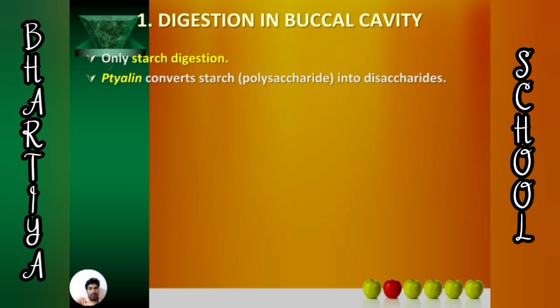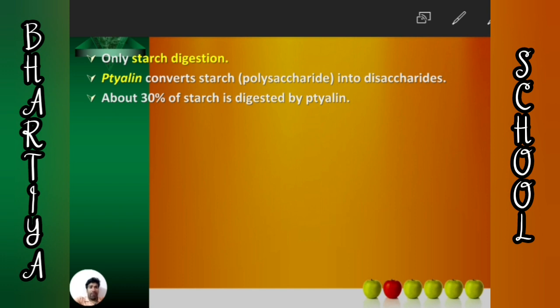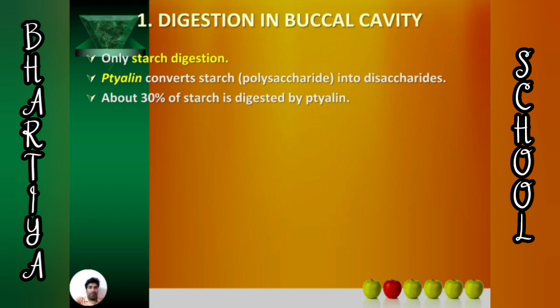The salivary gland secretes saliva, and the saliva contains the enzyme salivary amylase, ptyalin. This ptyalin is a carbohydrate digestive enzyme, and it converts polysaccharides into disaccharides.